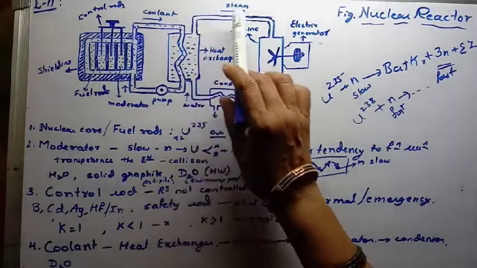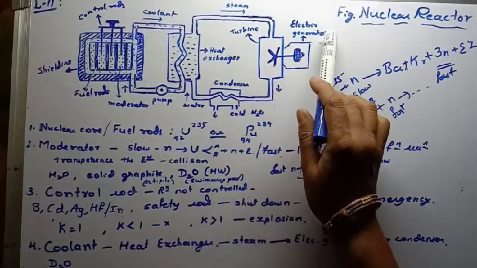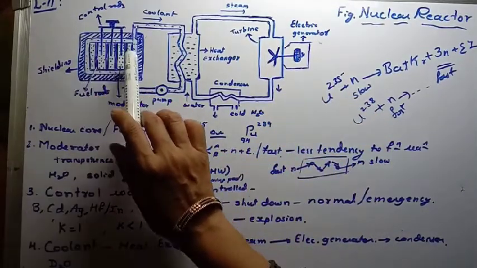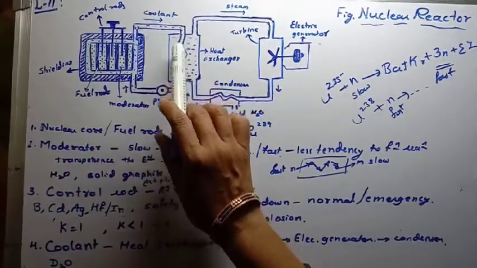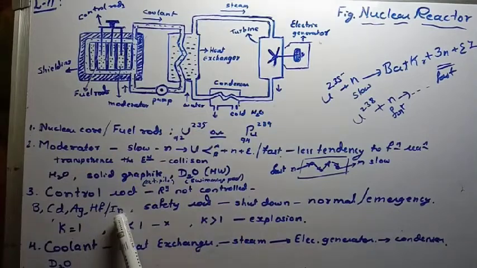So like this the water circulates, where the steam is utilized in the generation of electricity, and here the heat is generated, and that heat is taken out through this coolant, which circulates continuously. So the coolant in the heat exchanger generates steam, and thereby the turbine starts working and electricity is generated.